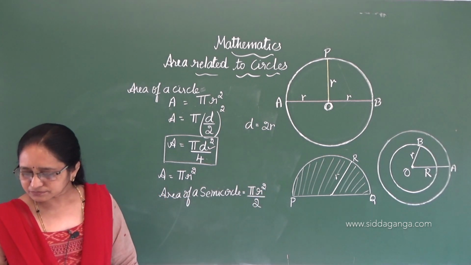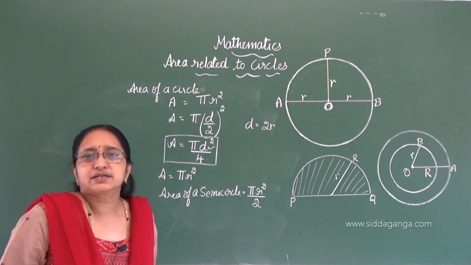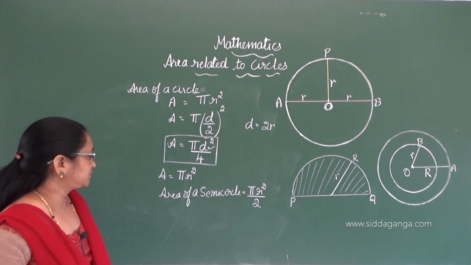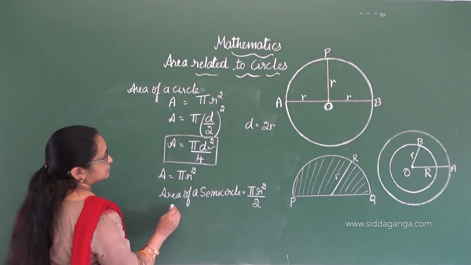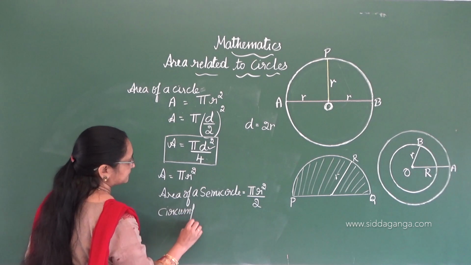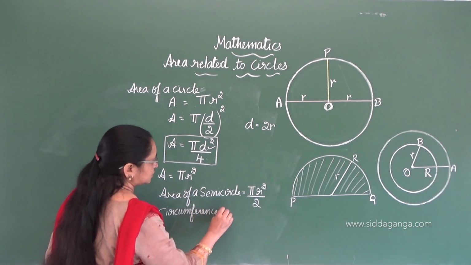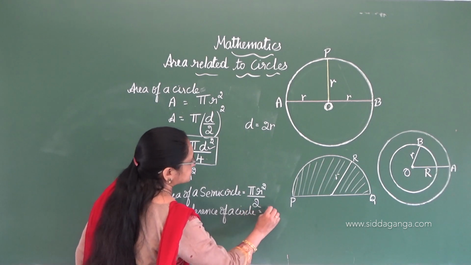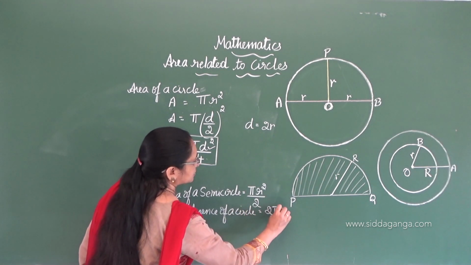Okay. Now, how to calculate the perimeter of a semicircle? Same way. See, you all know the circumference of a circle is 2 pi r.